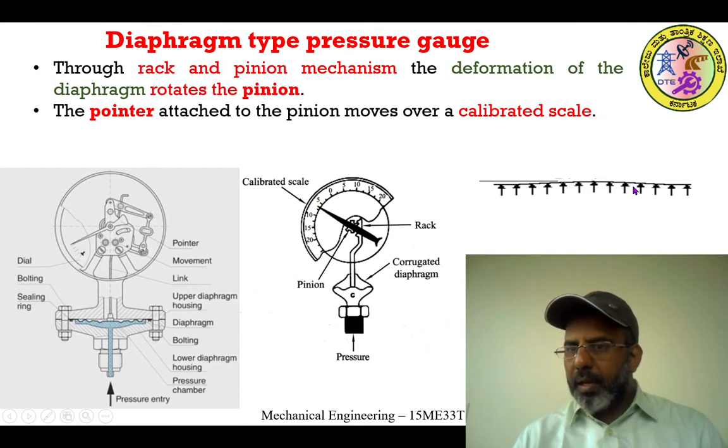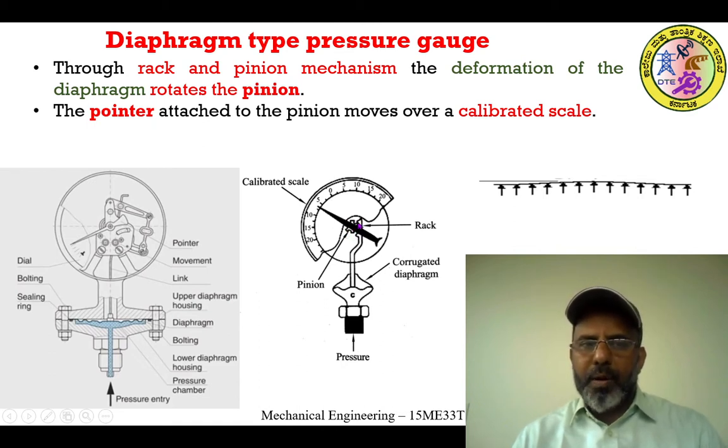The corrugated diaphragm deformation is magnified by means of the rack and pinion mechanism, and through this rack and pinion, the deformation of the corrugated diaphragm rotates this pinion, and the pointer attached to this pinion rotates over the calibrated scale.